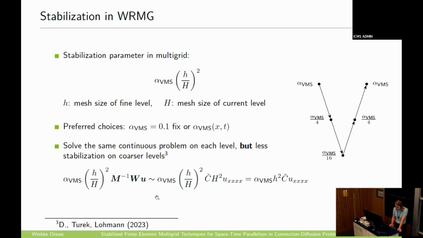And as we saw, we get this capital H on a coarser level as the factor in front of the fourth derivative, and if we multiply with this vector, this cancels out so that we ensure we solve the same continuous problem here.